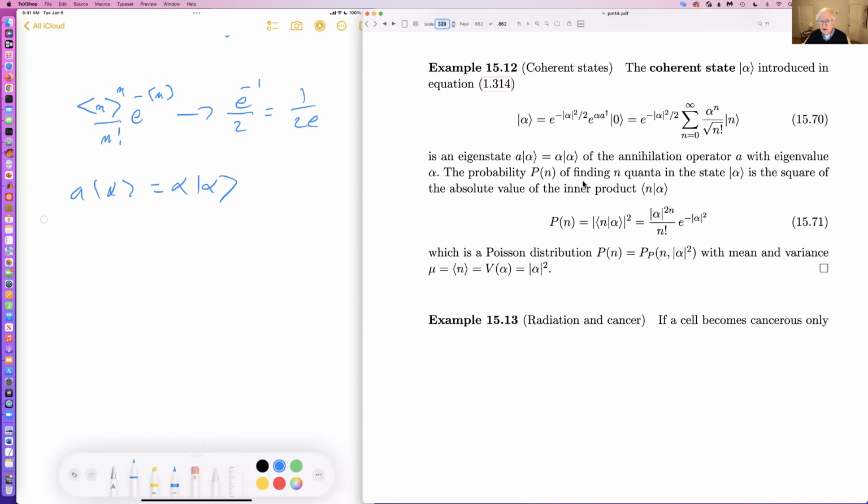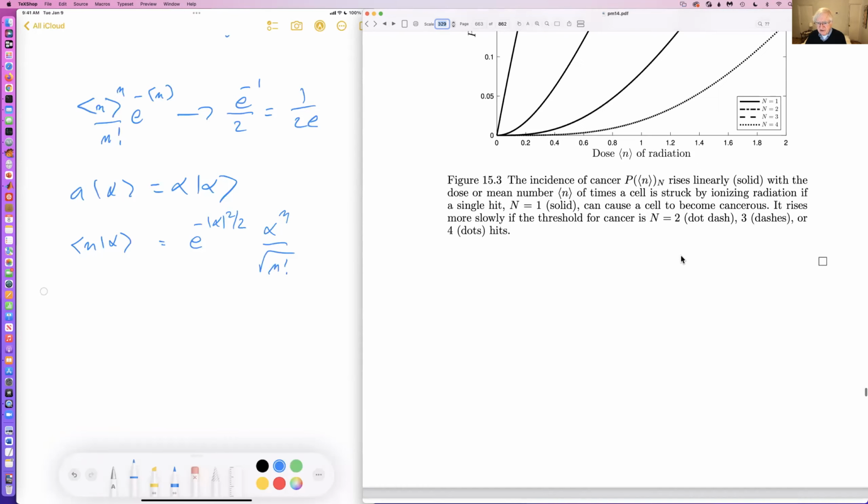If you ask what's the probability of finding n quanta in the state alpha, well, the amplitude <n|alpha> is e to the minus alpha squared over 2 times alpha to the n over square root of n factorial. And so that squared is absolute value of alpha to the 2n over n factorial e to the minus alpha squared. That's a Poisson distribution where the average number of successes, the average value of n, in other words, is alpha squared.